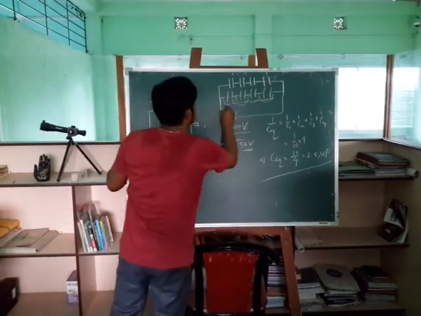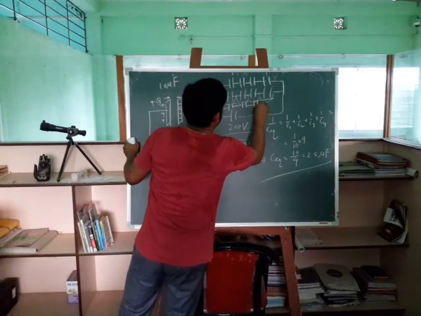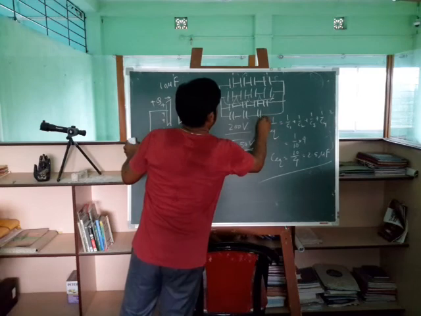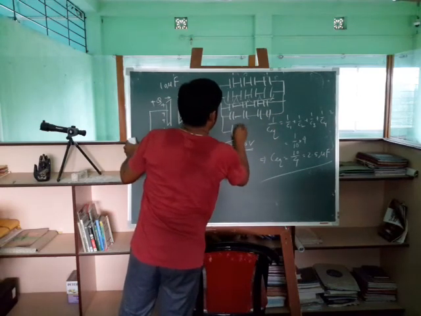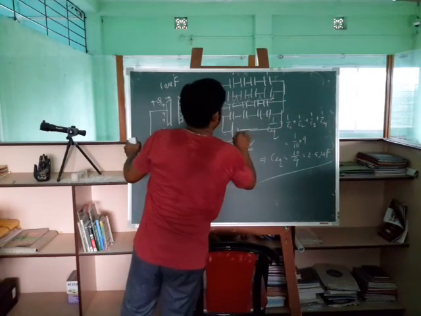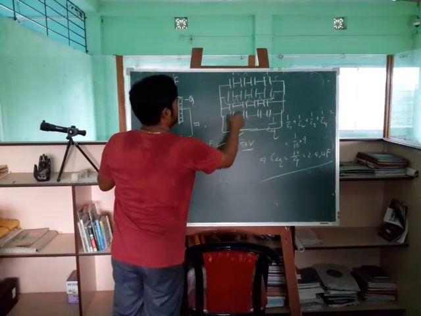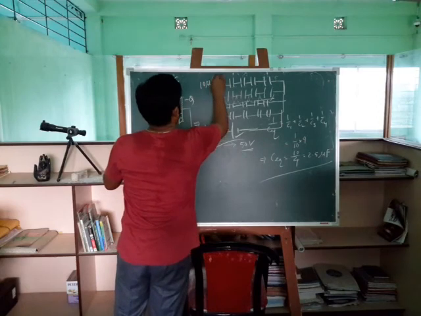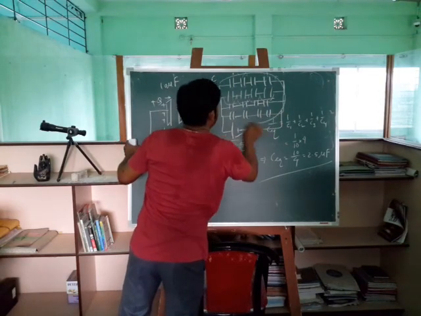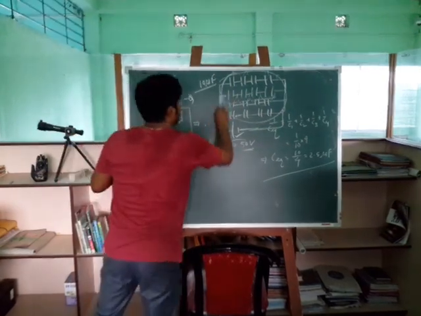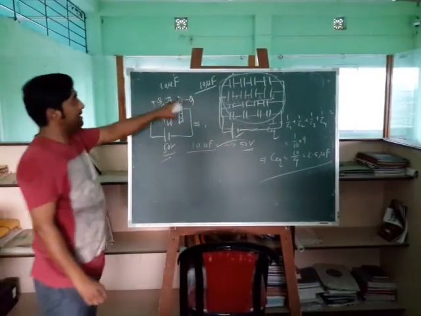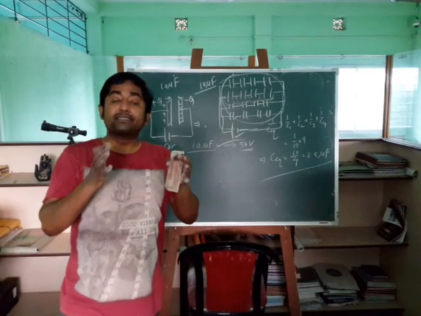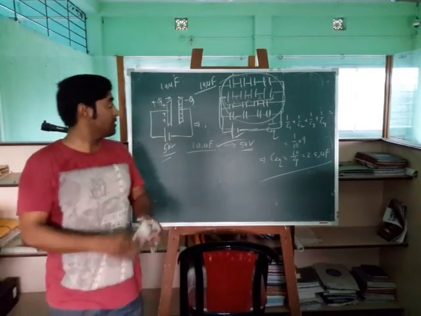So if we have this kind of combination connected to a 200 volt battery, each branch has 2.5, 2.5, 2.5, 2.5, so the total capacitance of this combination is 10 microfarad, and together it can withstand 200 volt. So we need a total of 4 times 4, that is 16, 10 microfarad capacitors.